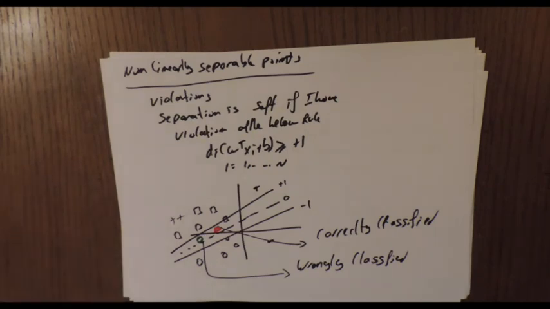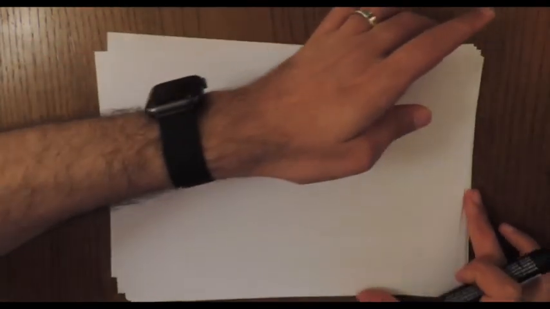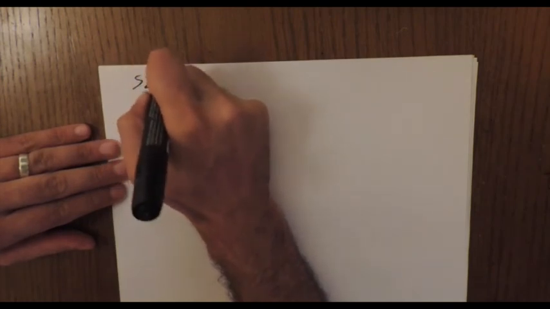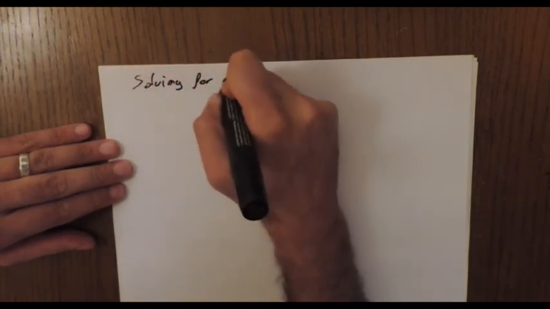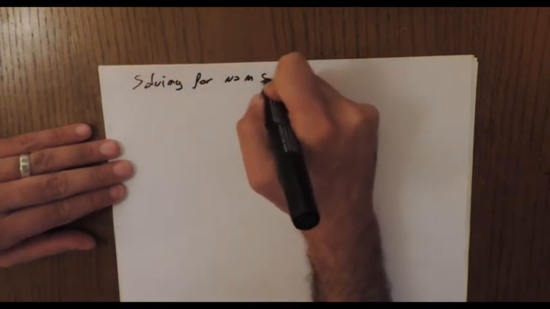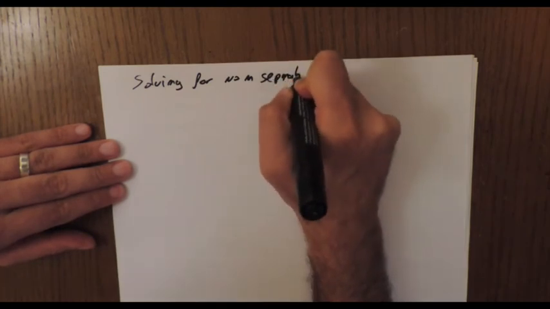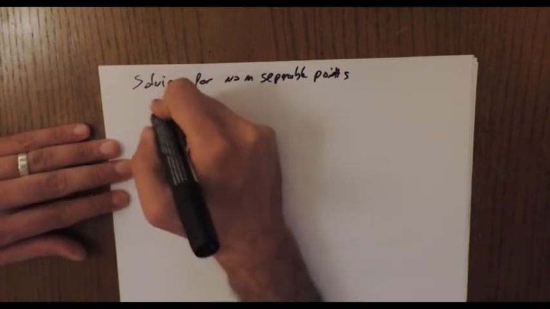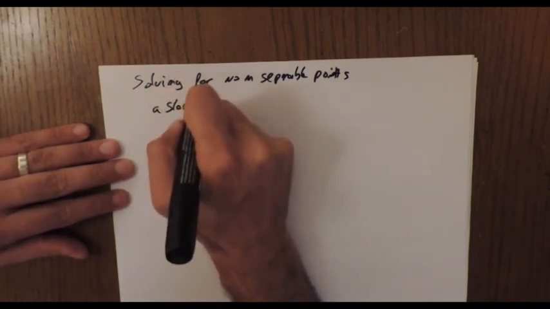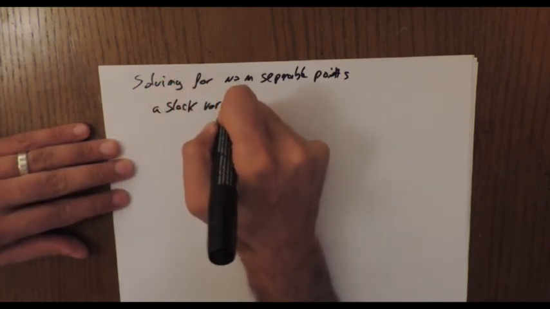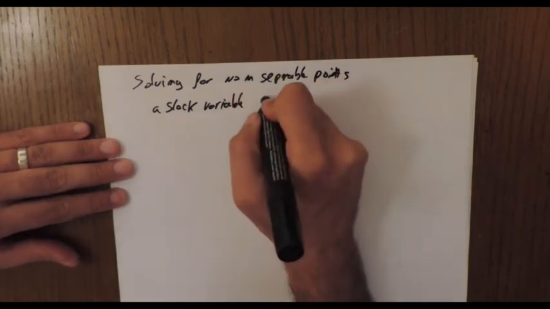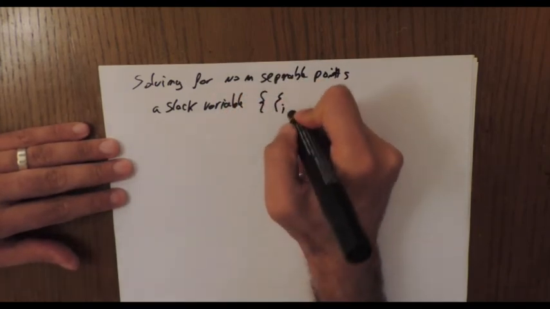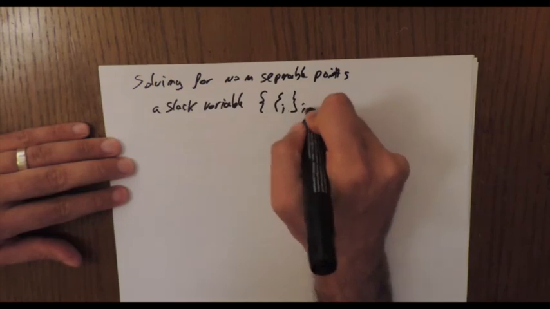So this slack variable is introduced in the condition, solving for non-separable points. So in this case we introduce a slack variable, and this slack variable is as follows.